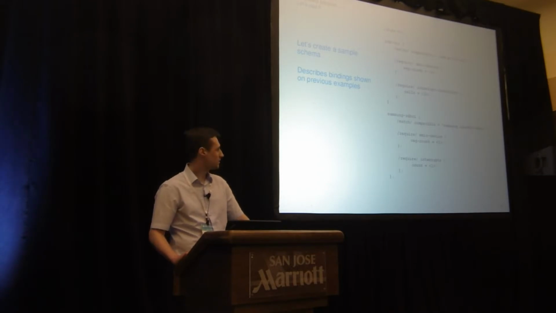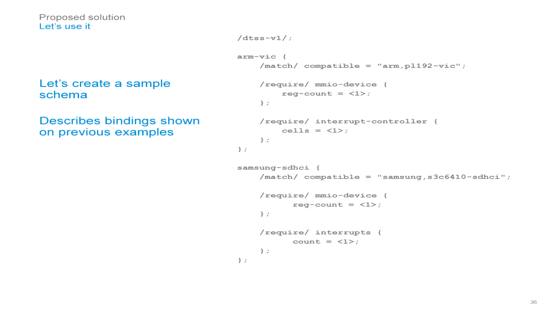As you can see on the slide, the VIC controller is an MMIO device that requires one reg entry in device tree and is an interrupt controller that requires 1 cell per interrupt specifier to match with the interrupt signal of the chip.